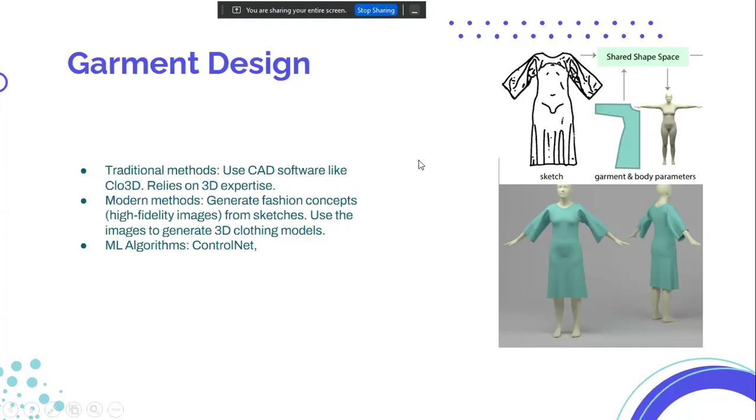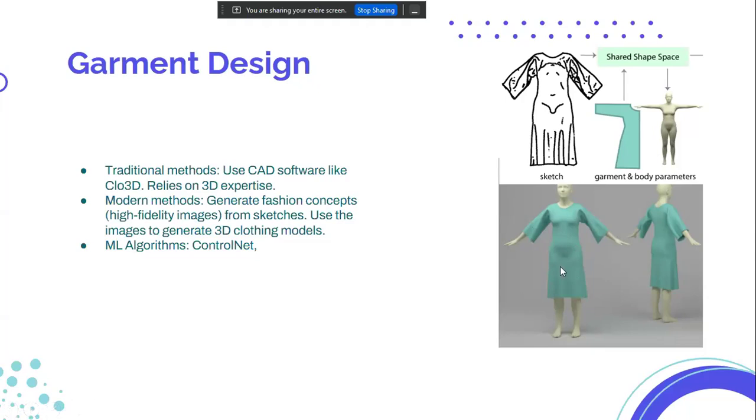The 3D artist will use computer aided design software or 3D modeling software, for example Clo 3D, where they model these pattern drafts around a mesh of a humanoid, and then they create the design, texture it and apply different materials on it, and actually be able to view how the garment will look.